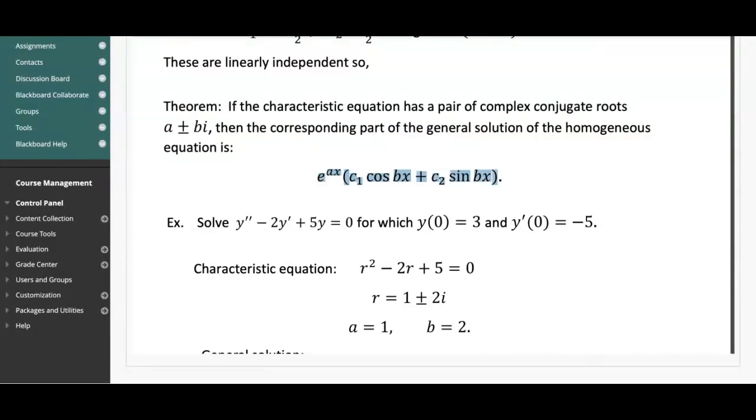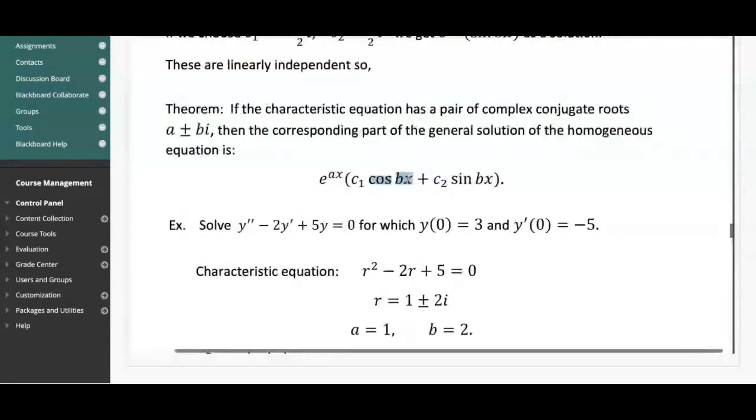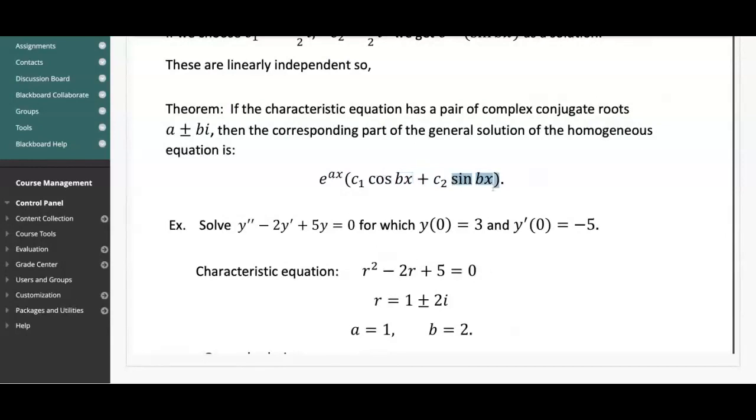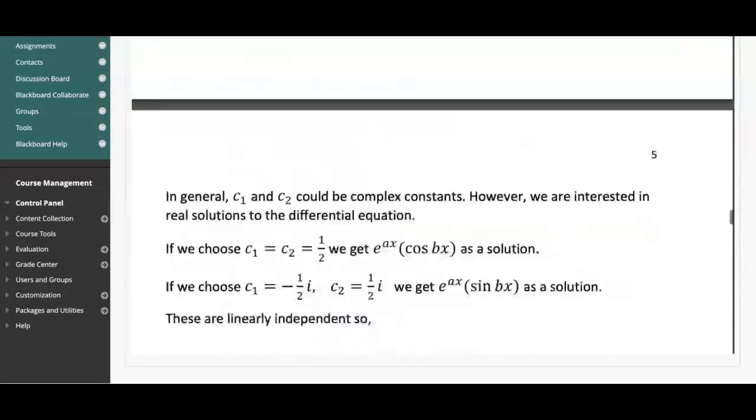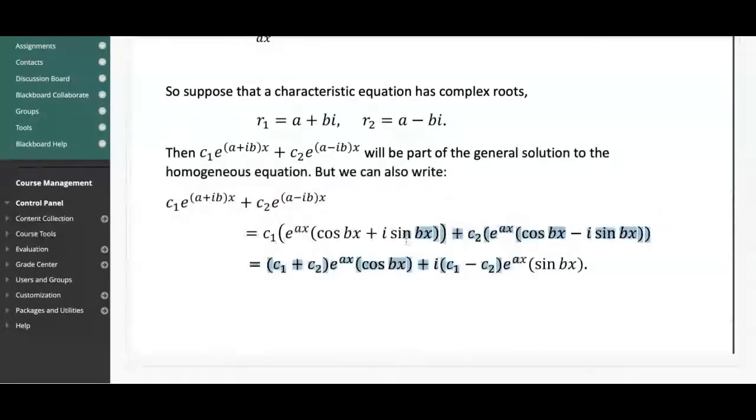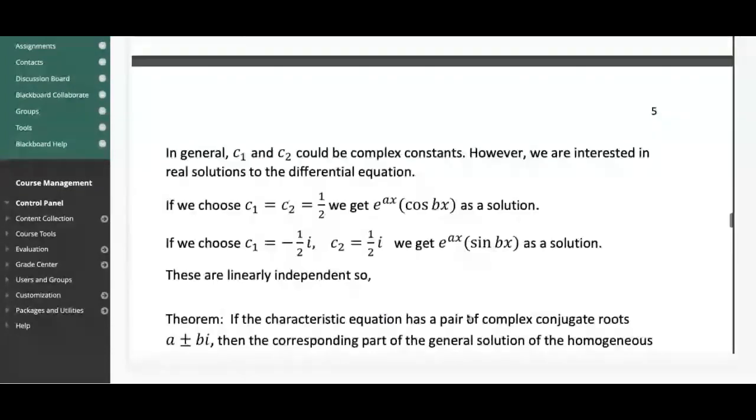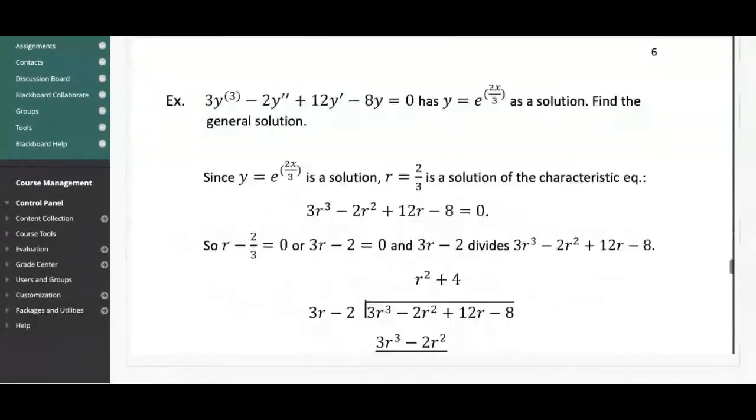You see no more of the minus sign. We just have e to the ax, the real part, and the complex part, we just have cosine bx multiplied by some number, and sine bx. So we just ignore this minus sign? Exactly, we just apply this theorem. All right, thank you. But there's nothing wrong if you still go with this way, okay?